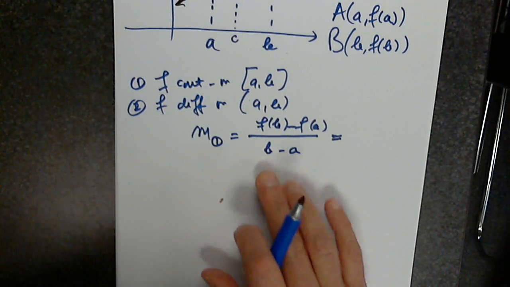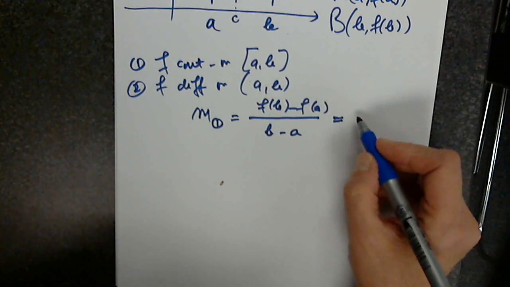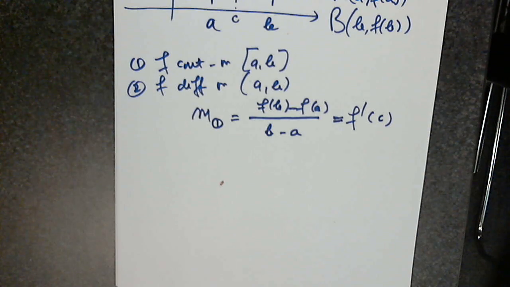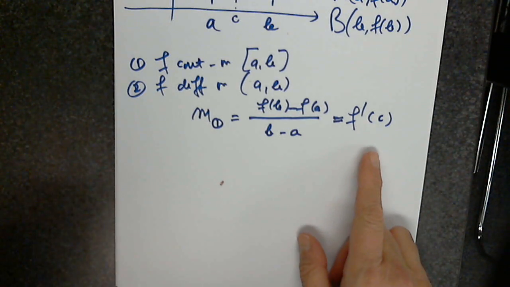We already used that: y2 minus y1 over x2 minus x1. Oh, so f prime of c. That's it. Of course. It's the tangent line to the graph of a function at a point. It must be f prime of c, correct?